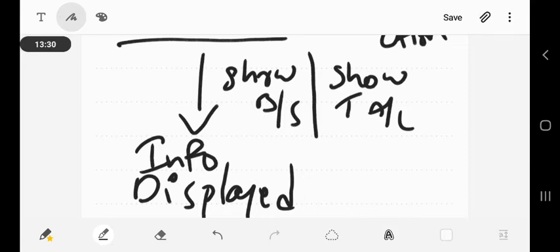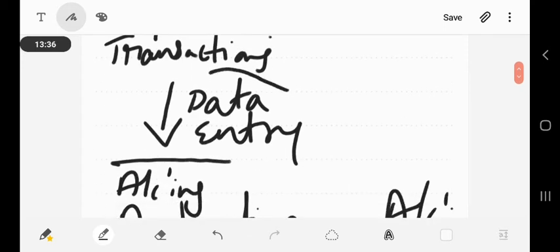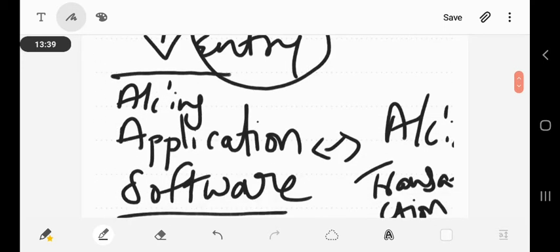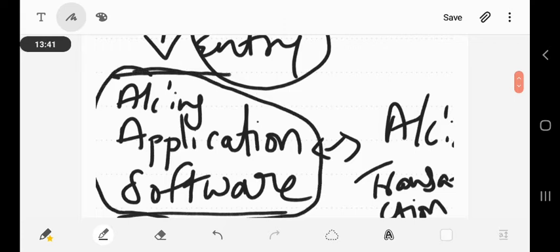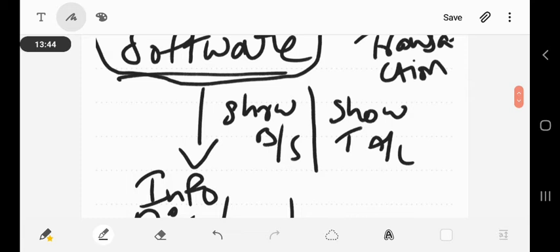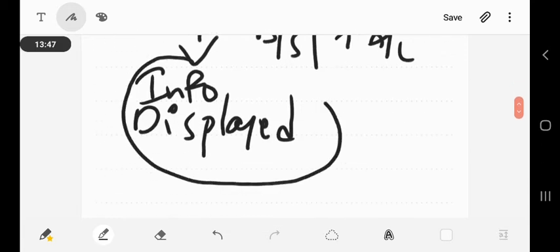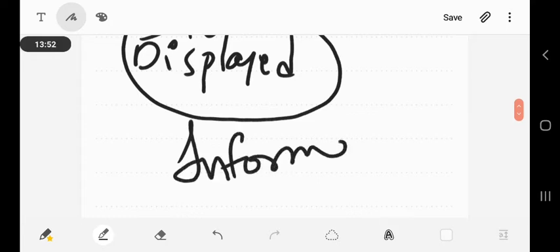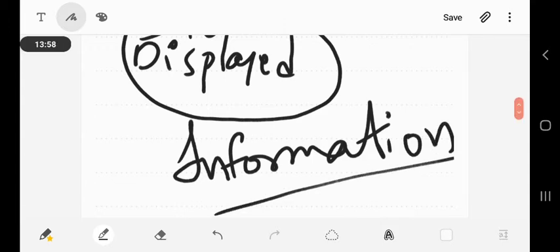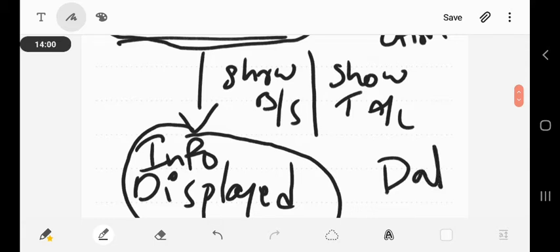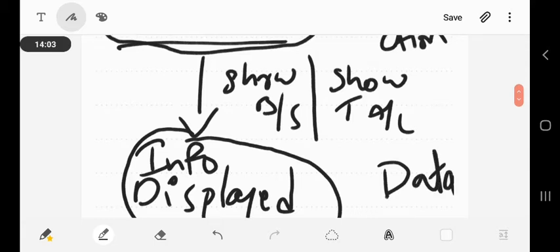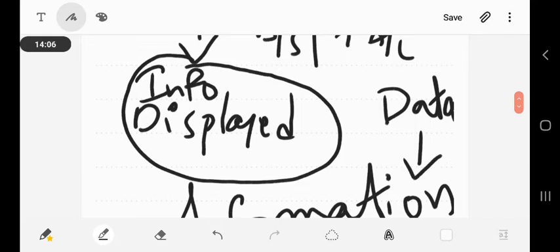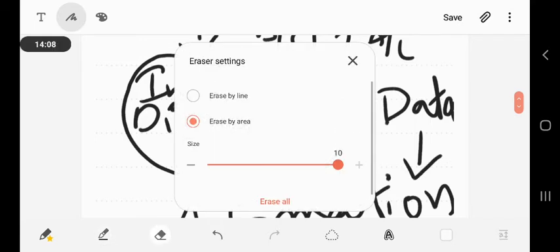The data to information by business application software. Here we give the data which is being processed by the accounting application software, and the data is transformed into information.